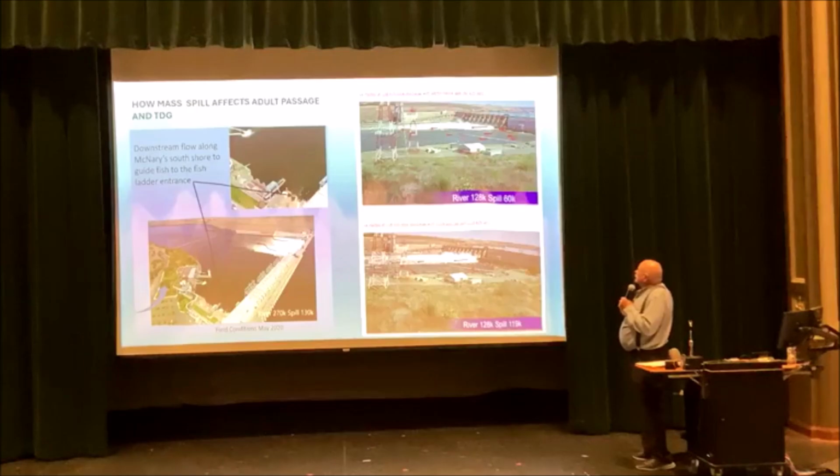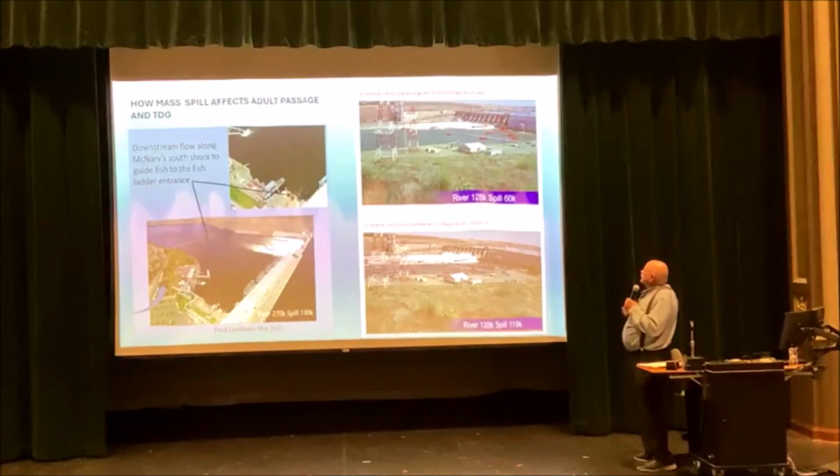Here's the same sort of situation at Ice Harbor Dam, where you have powerhouse loading and spill loading and access to the fish ladder entrances. But if you have no powerhouse loading and all of the spill going over the spillway, it sets up a big eddy here.